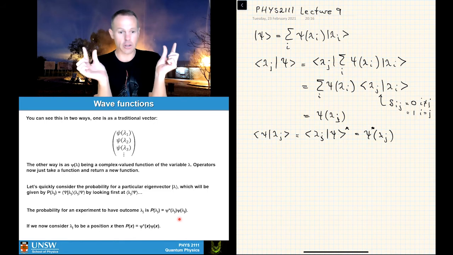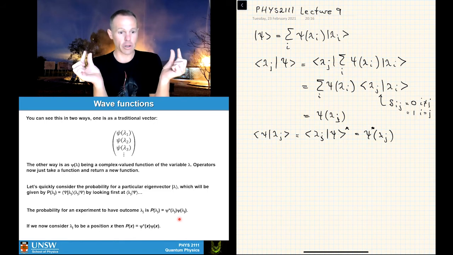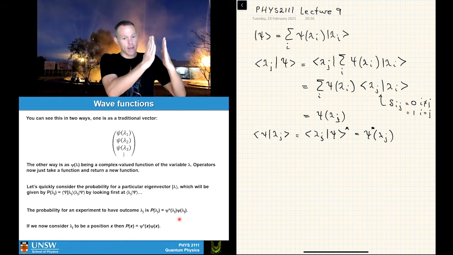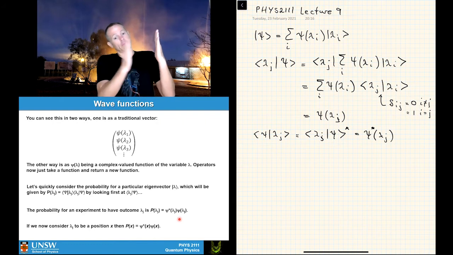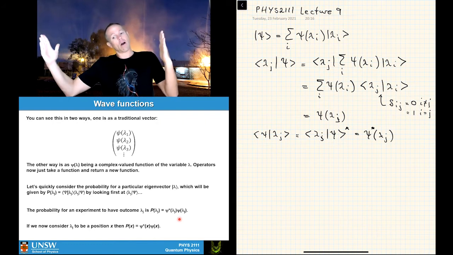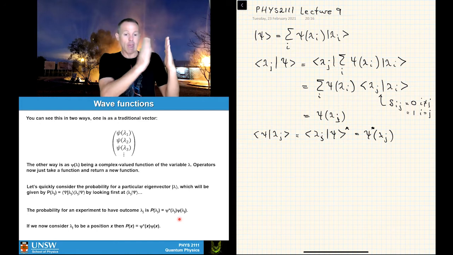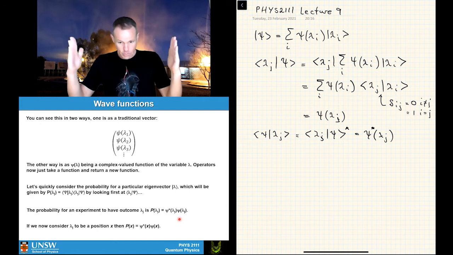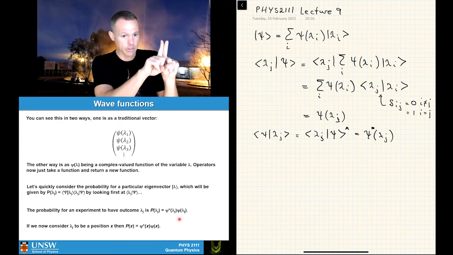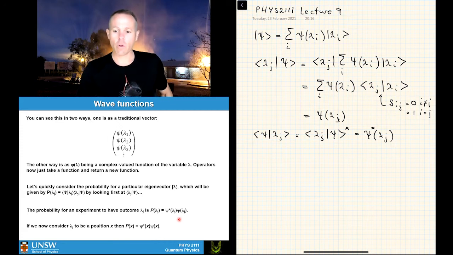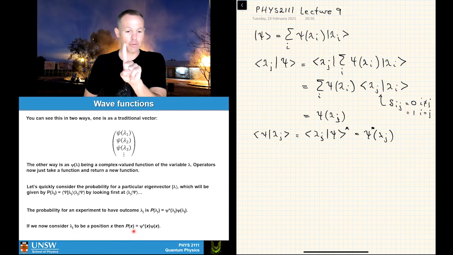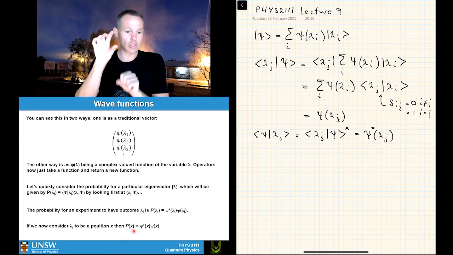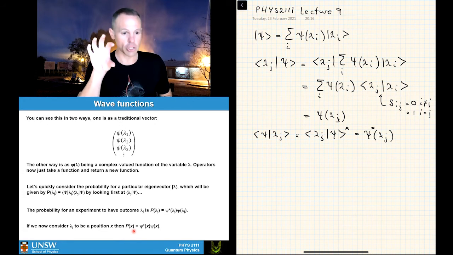What we're taking is a function times its complex conjugate. And now if instead of thinking about an eigenvector lambda I, we just go, every position x is an eigenvector, and just treat this thing as a function, what we're really doing is just saying the probability of finding our particle at position x is just our wave function psi of x times the conjugate of our wave function psi star of x.